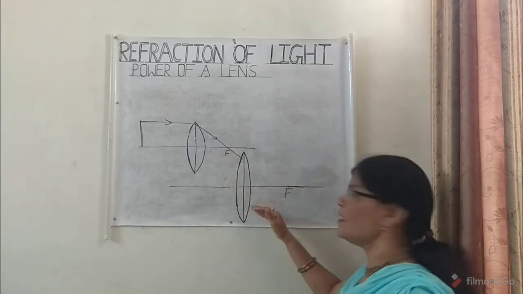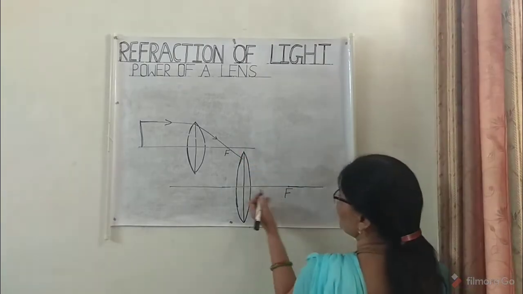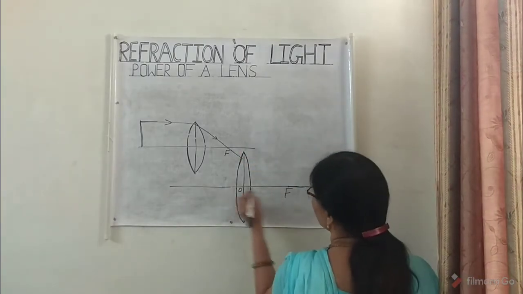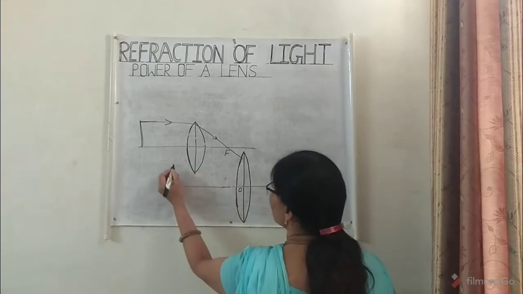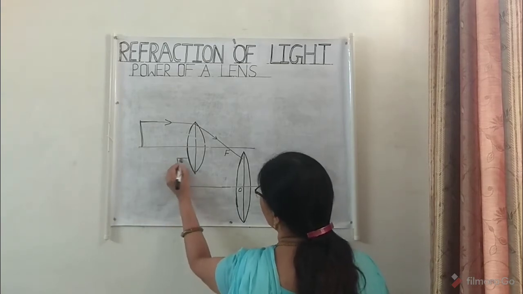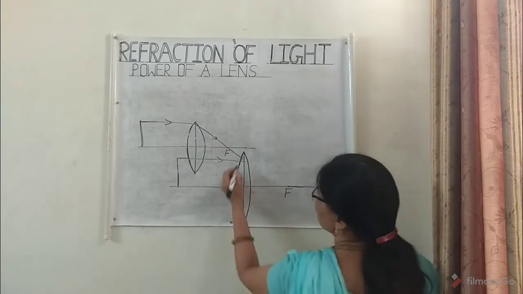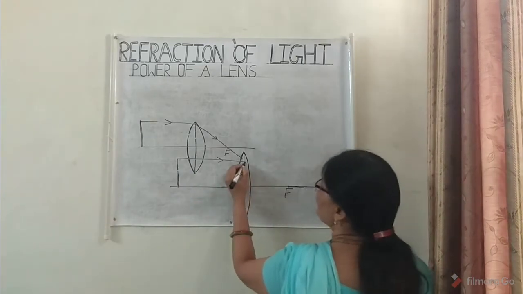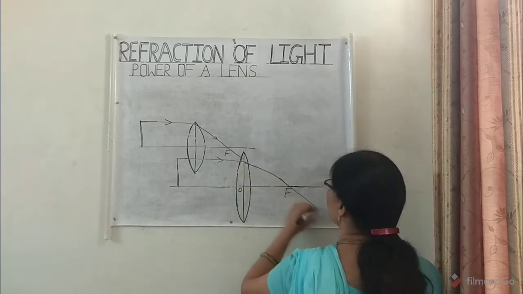This lens has a more focal length as compared to this. Here the focal length is more. This is the optical center. This is our principal focus. Same case: when a parallel beam of light parallel to the principal axis strikes the lens, the refracted ray will pass through the principal focus.